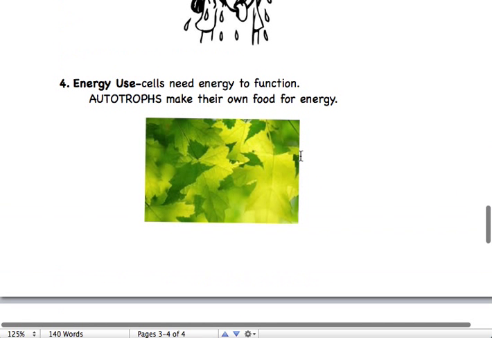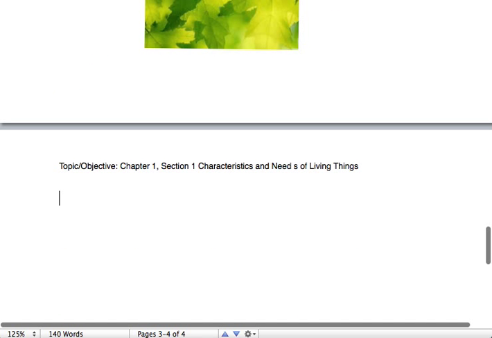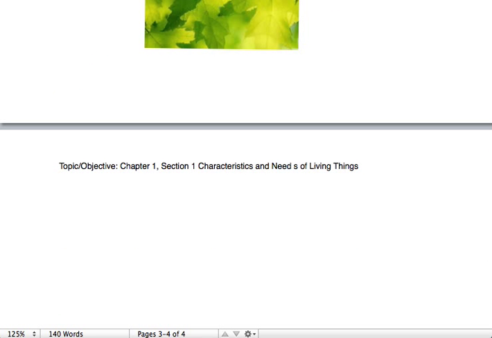So once you have autotrophs, you also have heterotrophs. And heterotrophs eat food for energy as opposed to making it. And you can see that I have the word eat in quotation marks, because when we think of eating, we think of putting things in our mouth and chewing food and swallowing it.